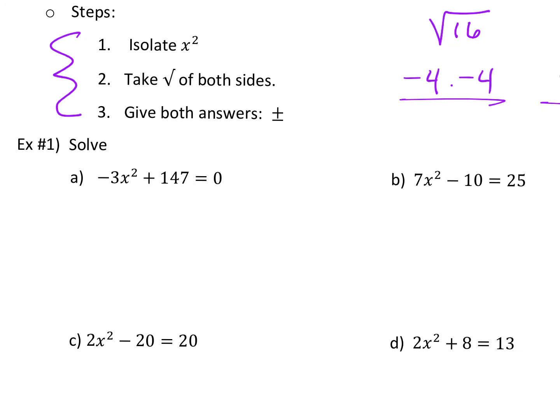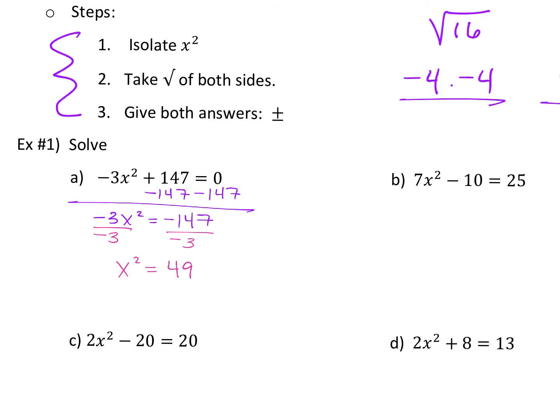Okay, so first thing we're gonna do is take away the 147. So I get a -3x squared equals a -147. Okay, have we isolated x squared? No, we got to keep going. So my next step, divide by a -3.